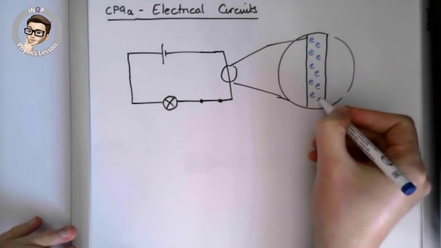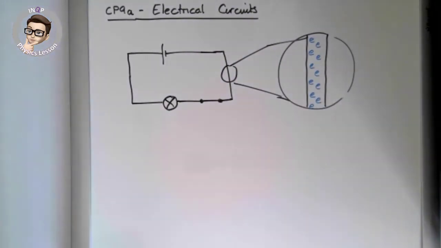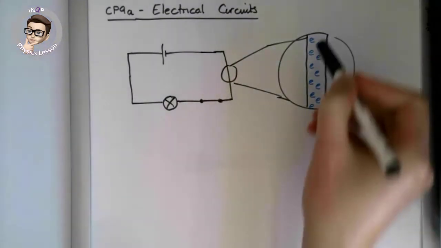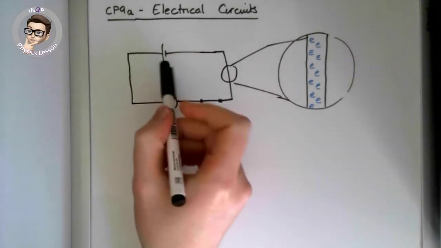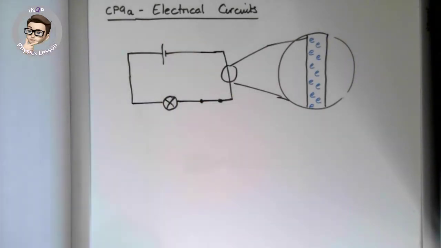Obviously they're very, very small, and there would be a lot more than this, but that is just some of them to show you what's going on. They're not really moving. As far as you're concerned right now, they're stationary. But once we put this cell in, this cell starts to move those electrons. It's almost like a push in the circuit, pushing the electrons round.